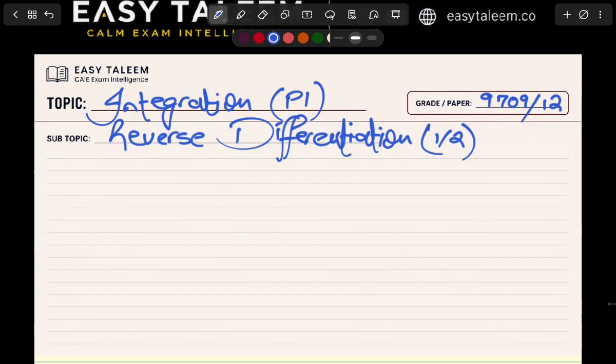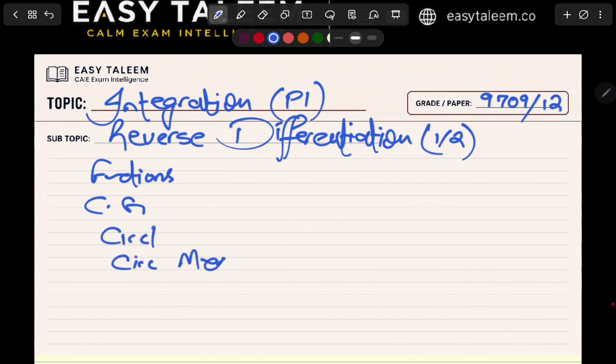Today we begin the final chapter of the entire AS Pure Math syllabus. Just think about that for a moment. Over the last few weeks, we have completed functions, coordinate geometry, circles, circular measure, and the entire trigonometry.